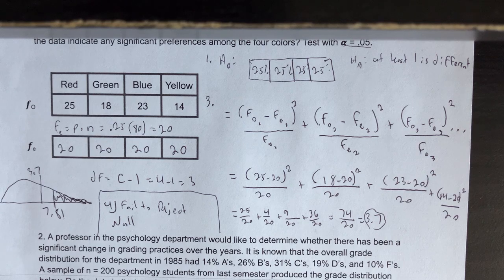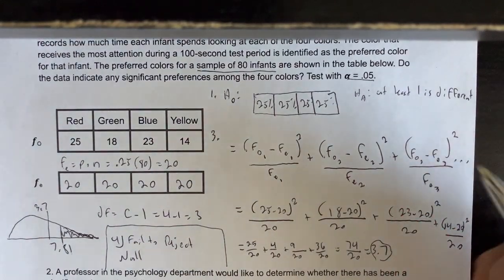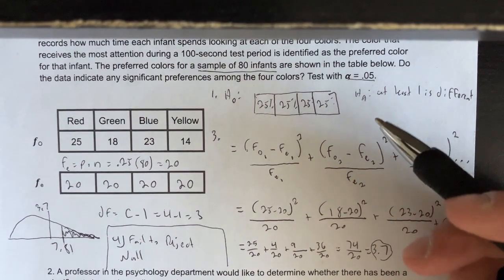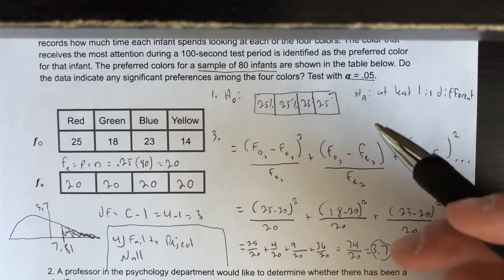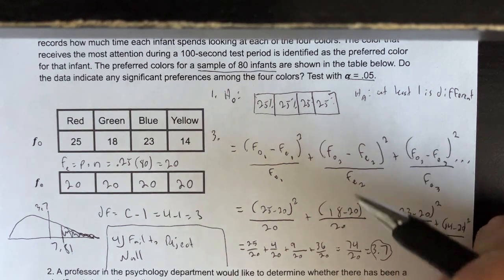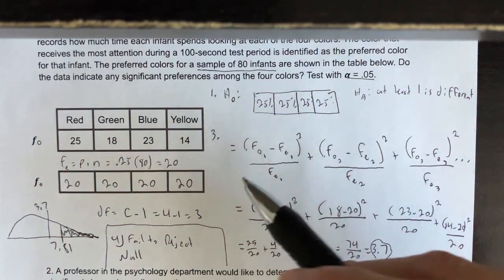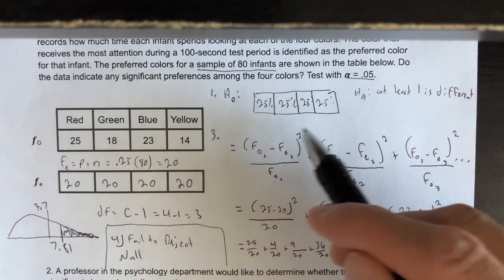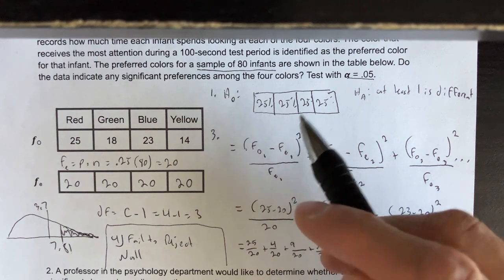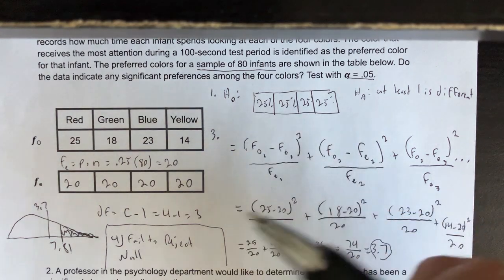Interpreting this means that there really are no preferences among colors in the way that babies, the way that infants, view them. We didn't find evidence against the null hypothesis, so as it stands, there are no preferences.